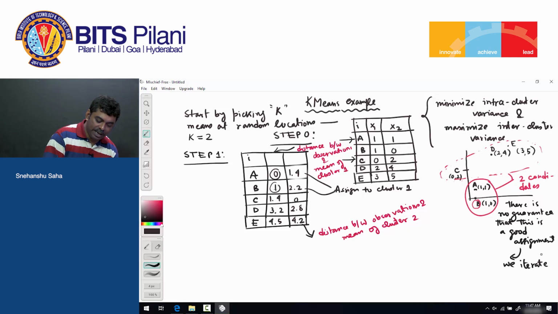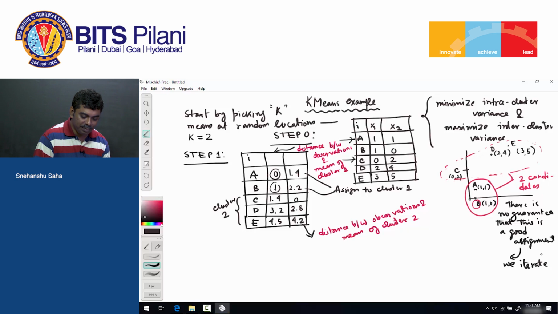Okay, the remaining 3: 1.4, 0, and the mean was 0, 2, 3.2, 2, 0.8, 4.5, 4.2. So these 3 we assign to cluster 2.